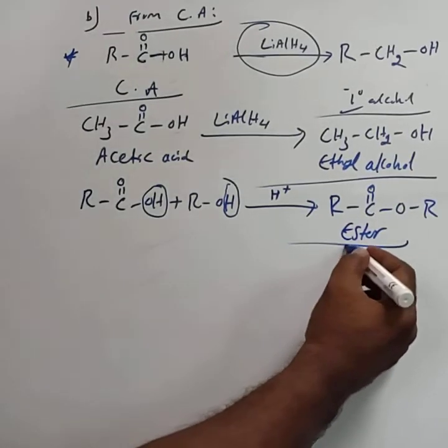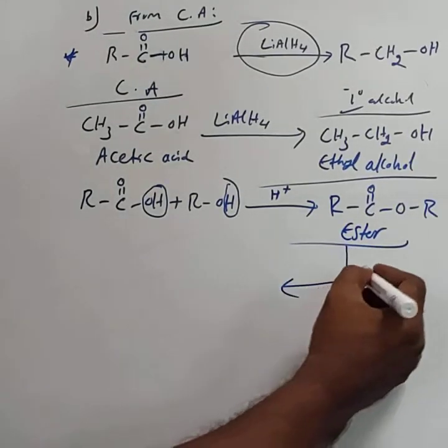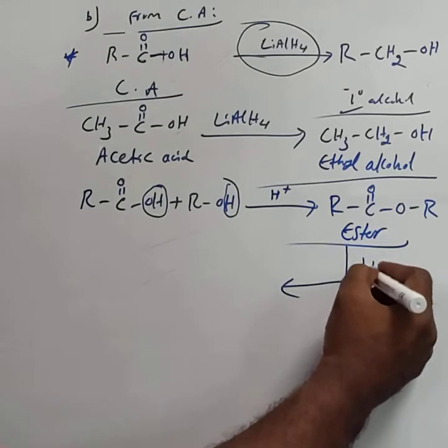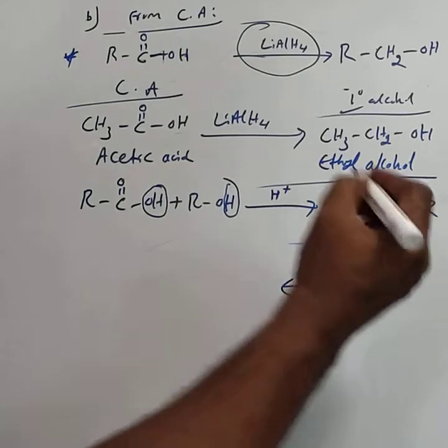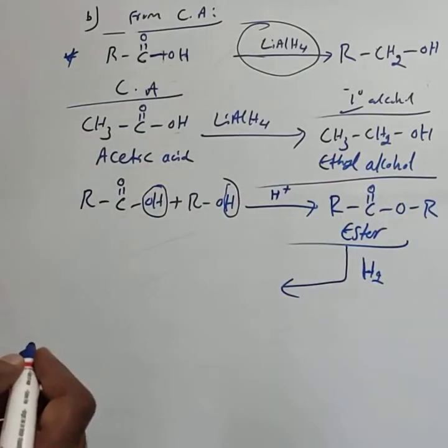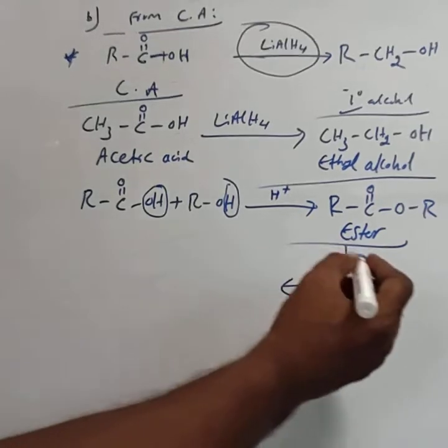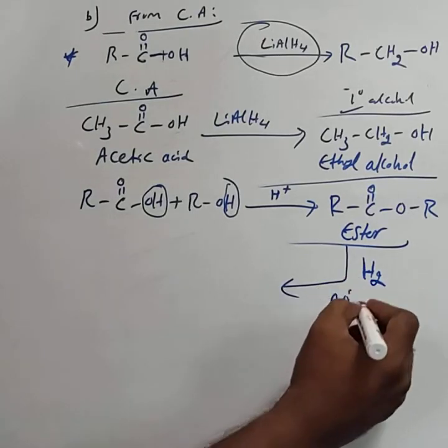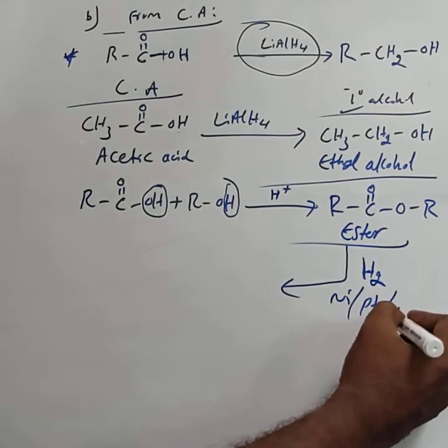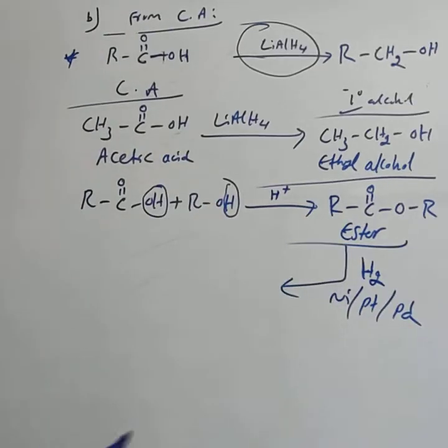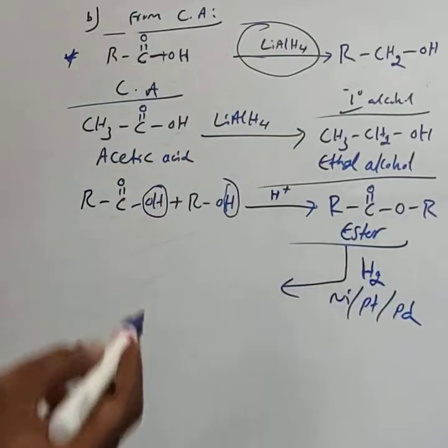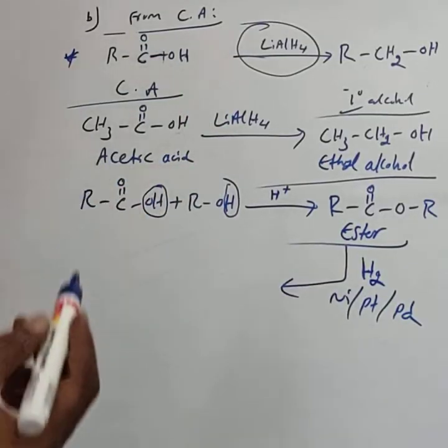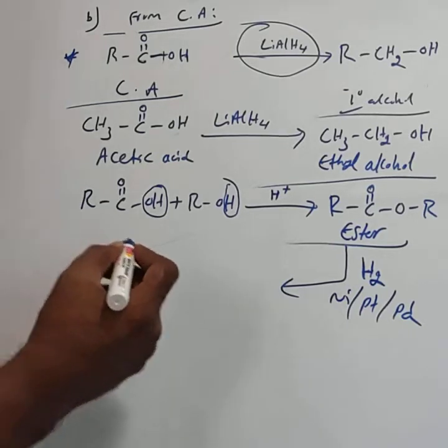To the formed ester, hydrogen gas is passed. If you are using hydrogen, then what is the catalyst used? If you pass hydrogen in the presence of nickel, platinum or palladium, these esters are easily converted into alcohols.